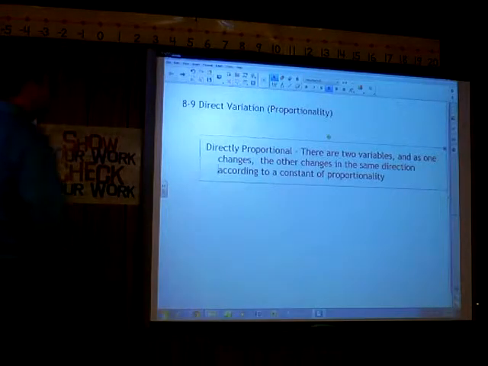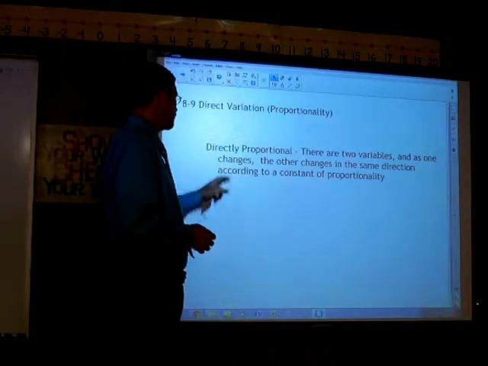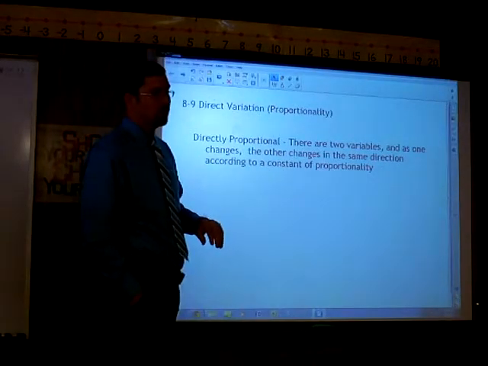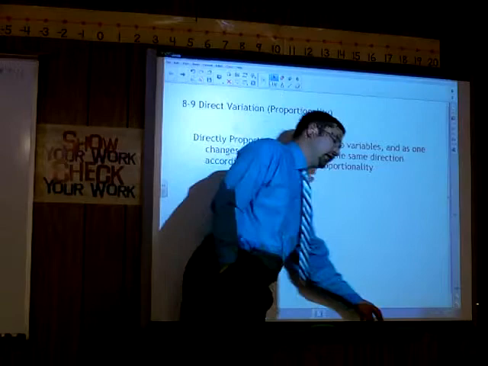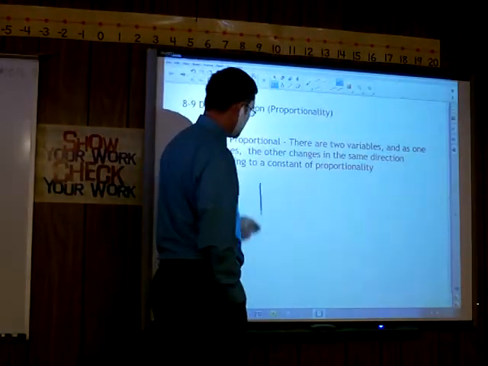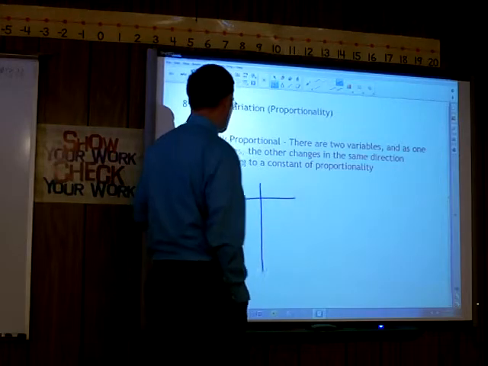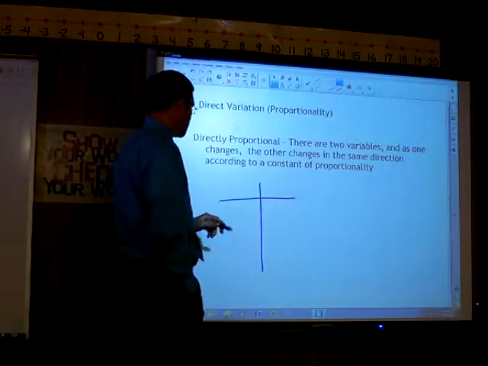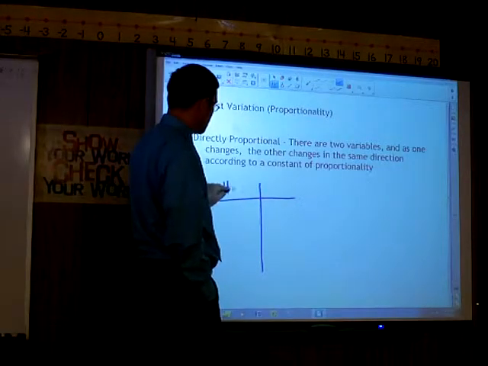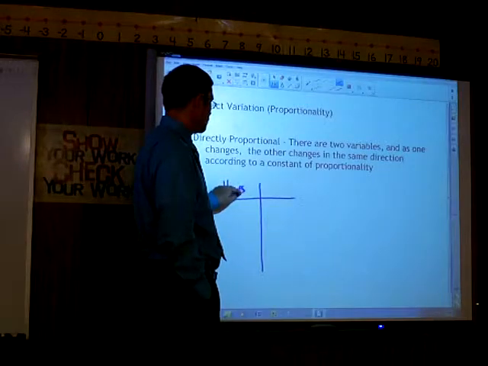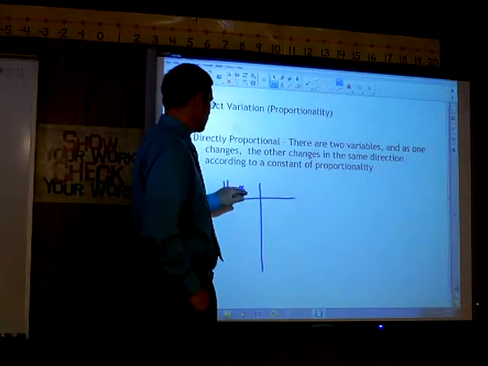So, we have these two variables. And let's say that I have a variable, I'll make a little table here to show us, okay? Let's say my two variables are hours worked, okay?